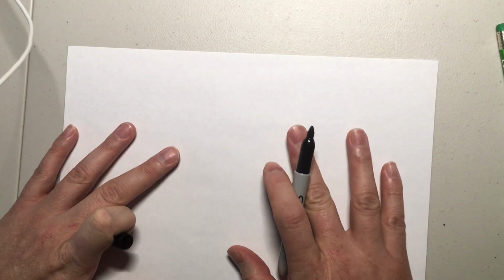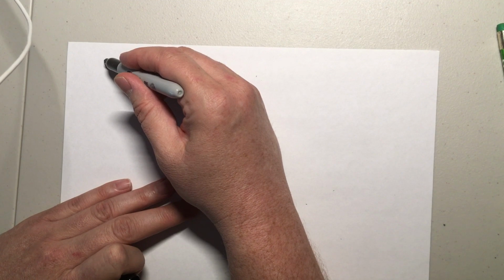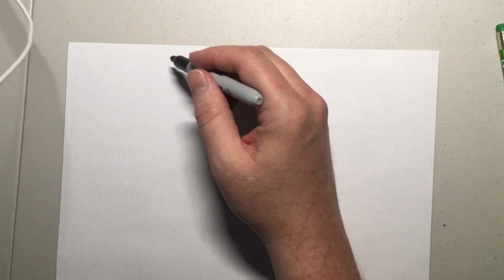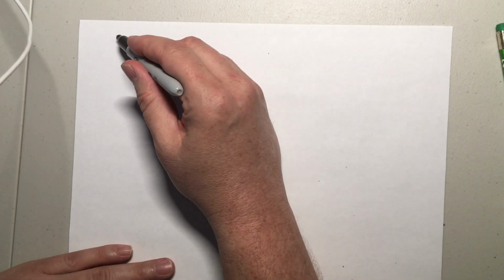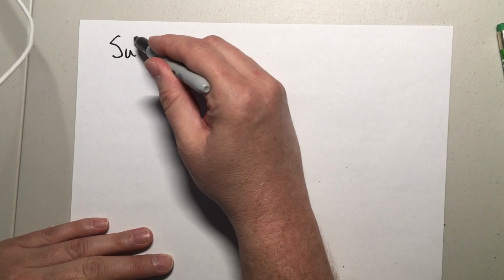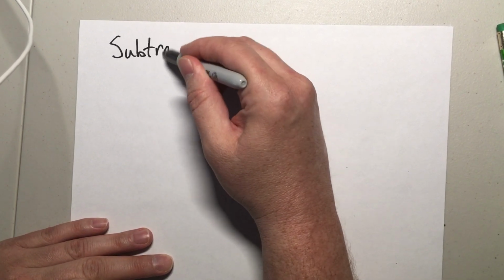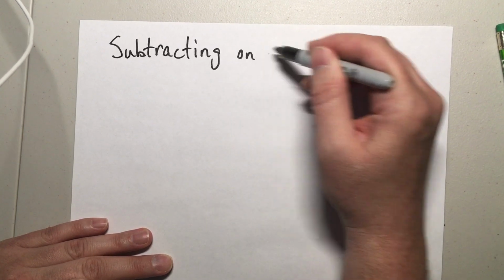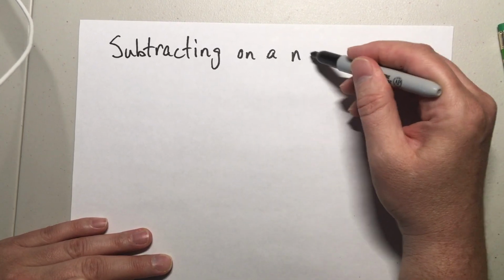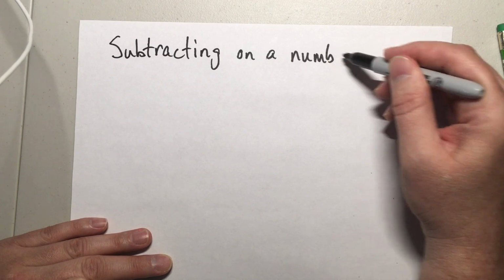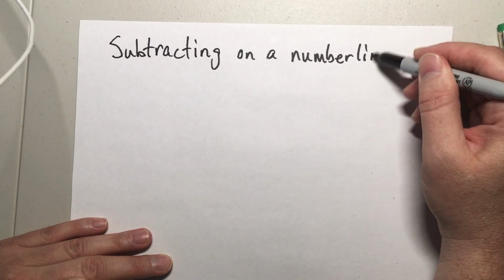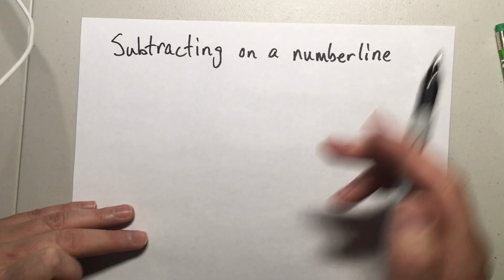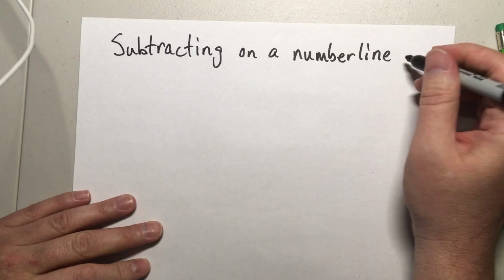Okay, so this is going to be our second strategy, and this is going to be on the number line, subtraction with the number line. All right, so let's talk about the objective.